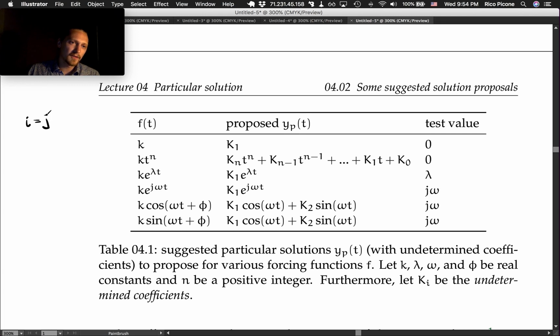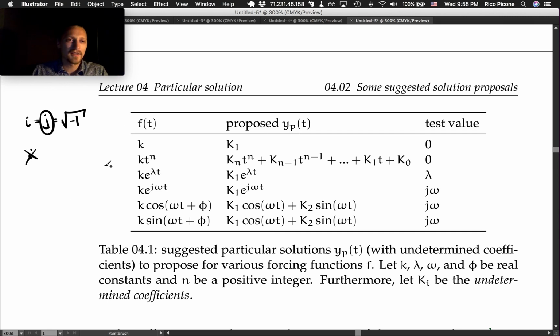I and j, we use these as indices a lot too, so you have to look at the context, but they're both used throughout mathematics and engineering as the square root of -1, the imaginary number. We're going to prefer j in this course, mostly because in the mechatronics course that follows, we'll be using I for current a lot, so we don't want to use it for the imaginary number, although we also use i and j for indices all the time too.